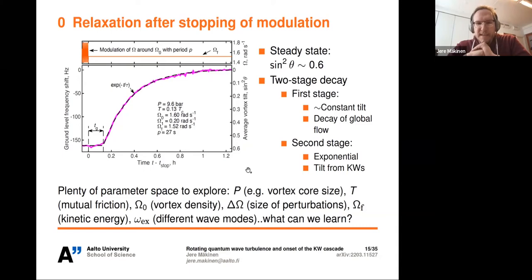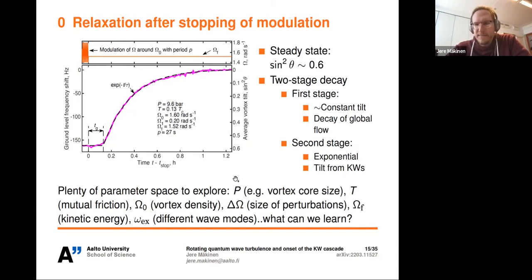Okay, so in these experiments, we have plenty of parameter space to explore. We can change, for instance, pressure, which changes the vortex core size, among other things. We can change the temperature, which changes the absolute value of the mutual friction parameters. We can change the angular velocity, which changes the vortex density, or we can change the amplitude of modulation.